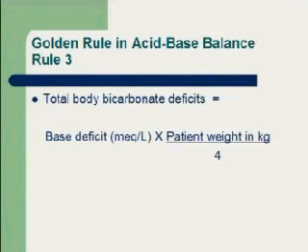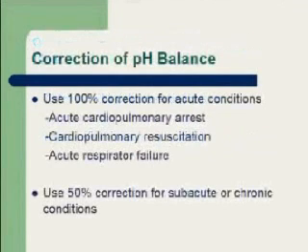This is just one of the formulas that can be used to help determine the bicarbonate level in the human body. Use 100% correction for acute conditions: acute cardiopulmonary arrest, cardiopulmonary resuscitation, acute respiratory failure; use 50% correction for subacute or chronic conditions.